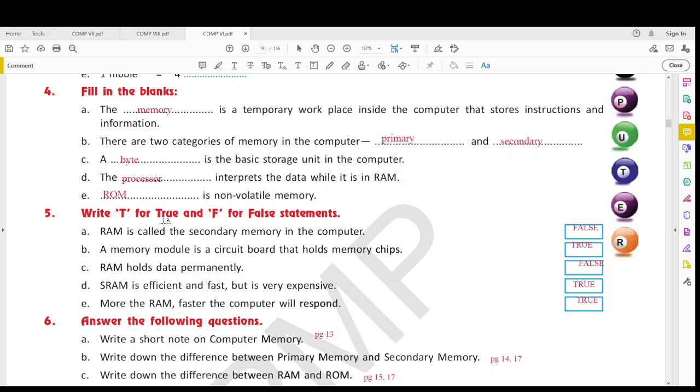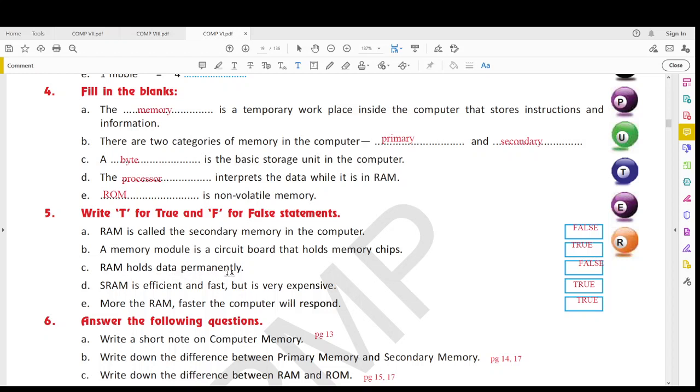RAM is the primary memory in the computer. So this one is false. A memory module is a circuit board that holds memory chips. Yes, memory module holds the memory chips. True.